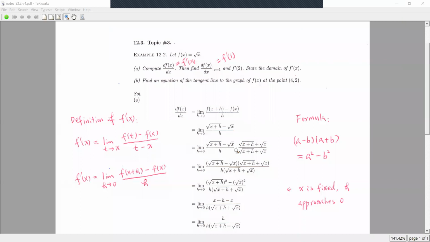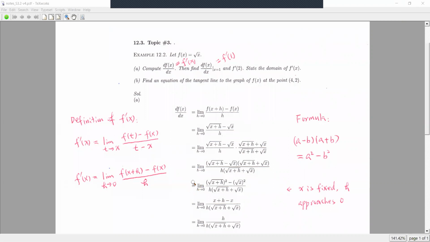A fraction times a fraction is the numerator times the numerator and the denominator times the denominator. So I have this equation. Now apply this formula to this product.